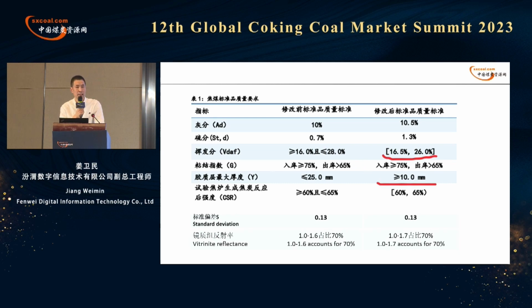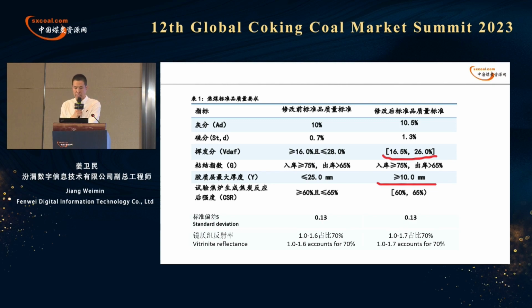And now let's take a look at the delivery standard for coking coal futures. Traditionally, there is no Y value requirement, but here we have the Y value requirement of 10. When the cohesion indicator is 65, the thin coal can underpin the quality of the coal.